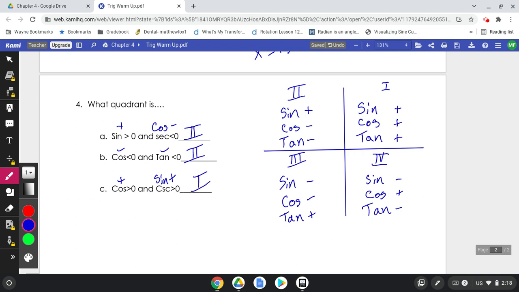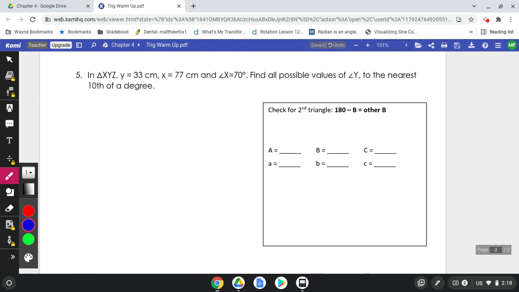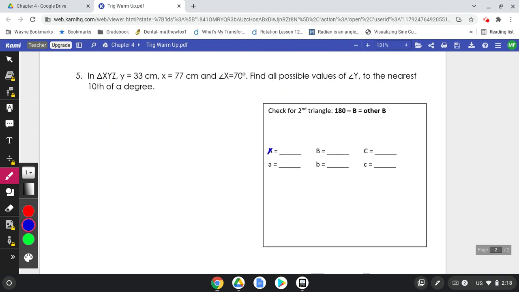All right. And the final review question we did today is right here, and I made a little bit of a typo here, so let me quick change that. But essentially what we were doing on this problem is trying to decide what the possible values of y are, and they give us some information, okay?